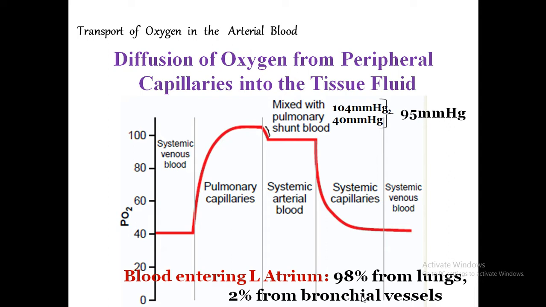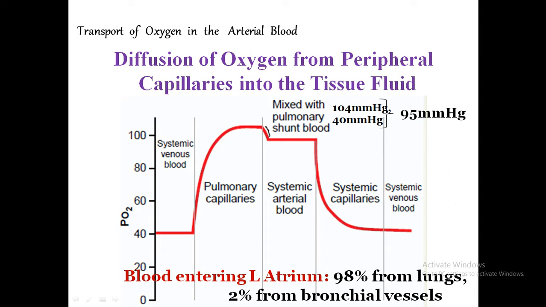So actually these bronchial vessels, or the venous blood coming from the lungs, have 40 mmHg pressure, and it is mixed with the 104 mmHg pressure, that is the arterial or oxygenated blood coming directly from the lungs.